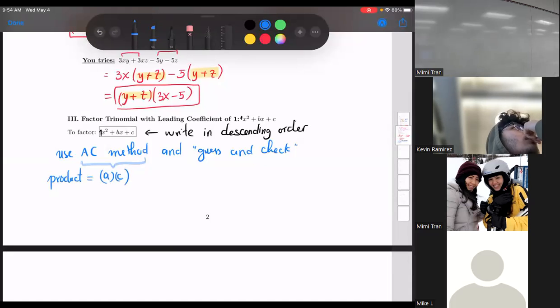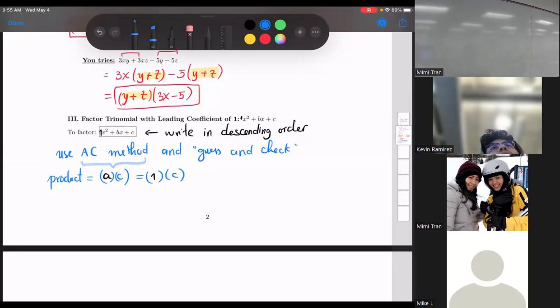Well, what is A in this expression? What's A in this trinomial? C is some number, but A is always 1, right? So basically it's 1 times C. A is always 1 because the leading coefficient is 1.